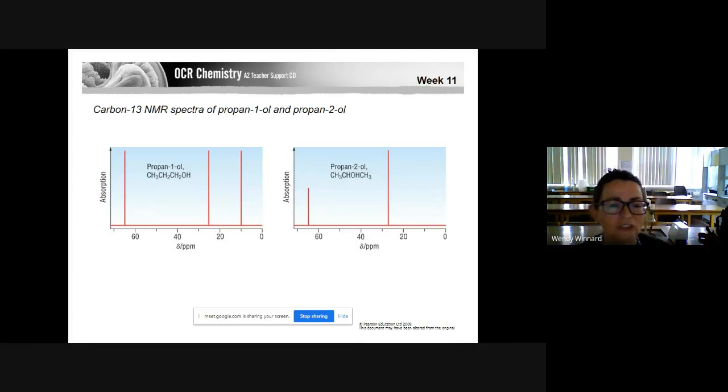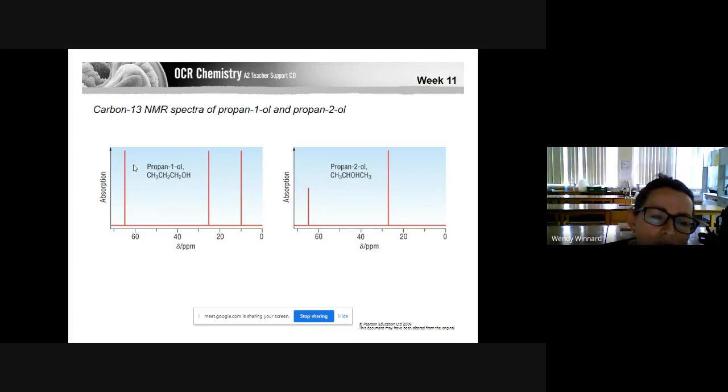While you're sketching that down, if you beam radio waves at a sample of propan-1-ol while it's submerged in this magnetic field, all the carbon atoms in there are sending out little signals. That's propan-1-ol. If you draw the full displayed structure of propan-1-ol, you will see that there are 3 carbon atoms, and it gives out 3 signals.